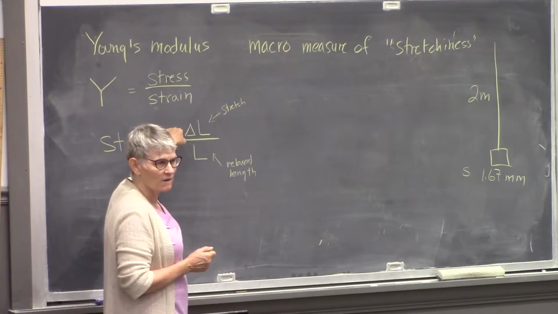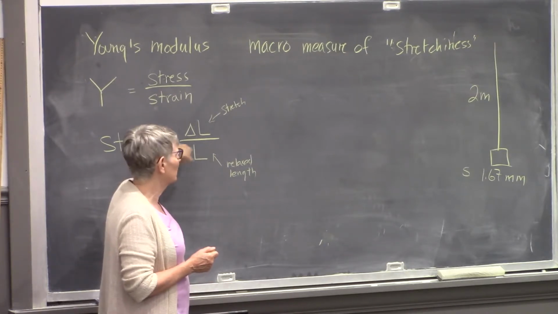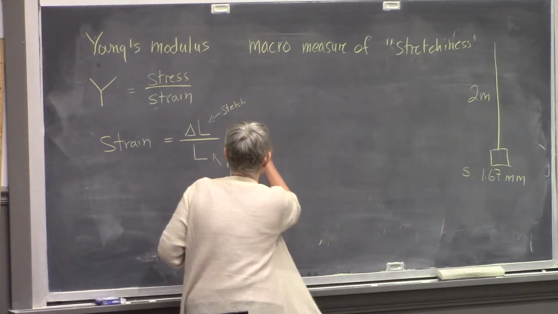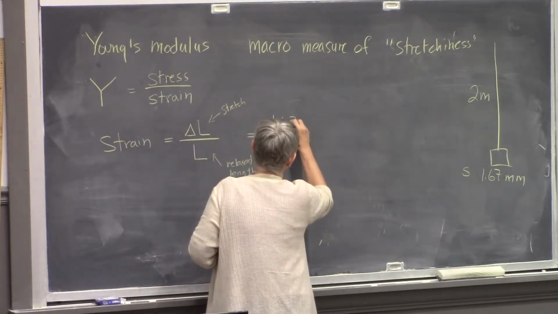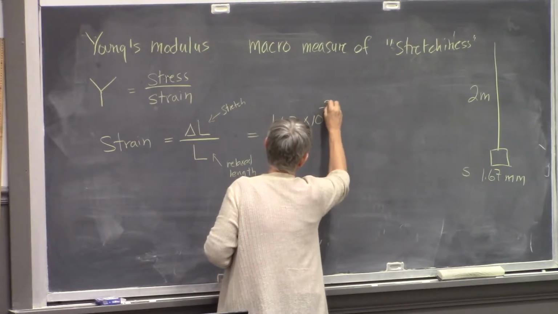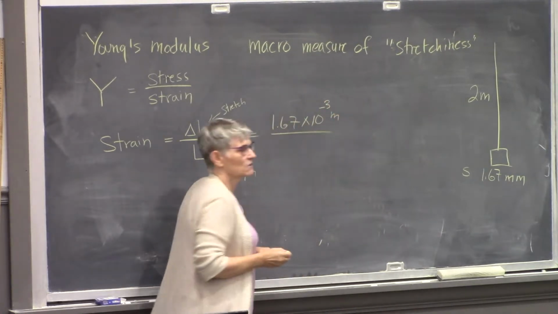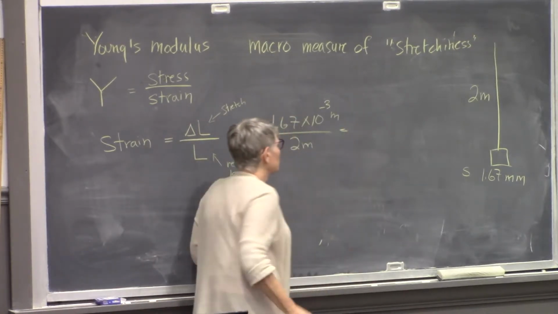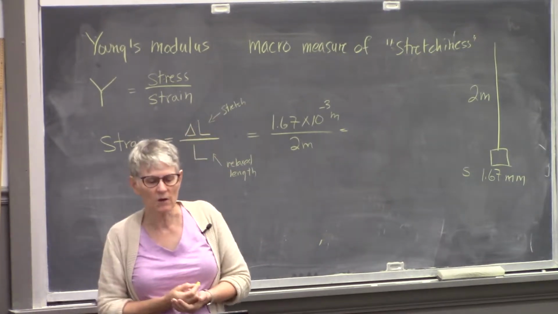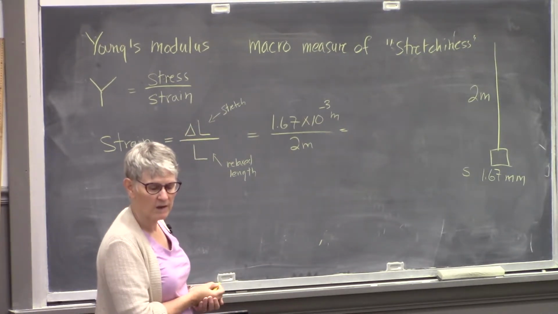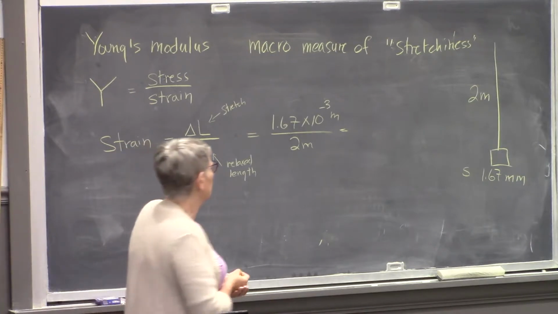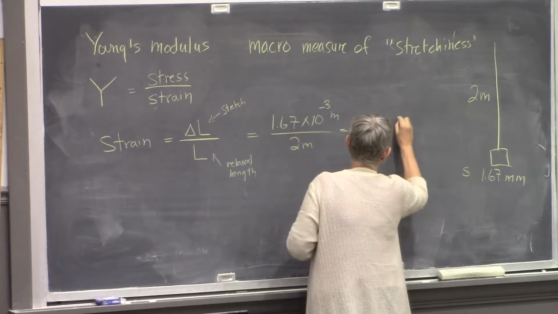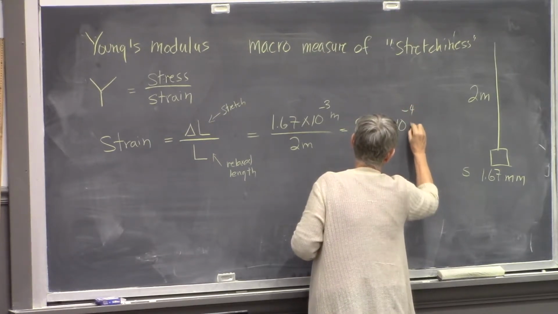So it's the stretch over the original length, right? What's the stretch of this wire? It's equal to 1.67 times 10 to the minus 3 meters. What was the original length of the wire? 2 meters. And so that's going to come out to be a small number. That comes out to 8.35 times 10 to the minus 4 meters.